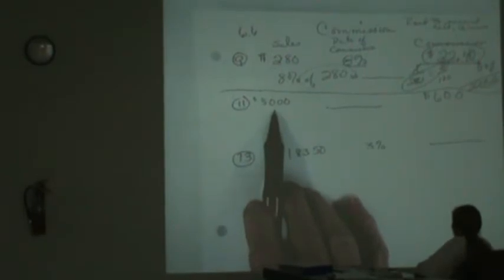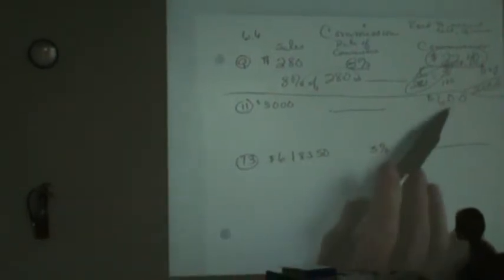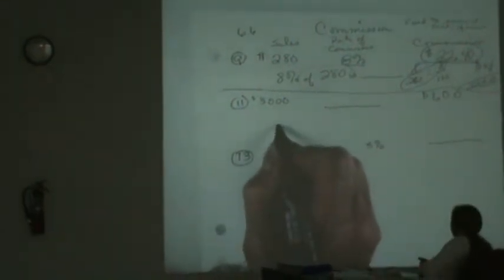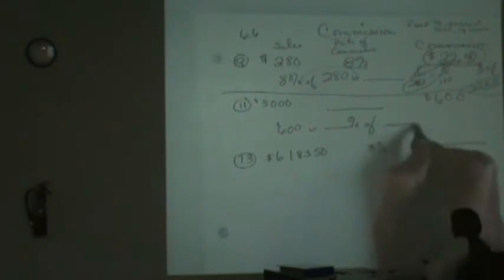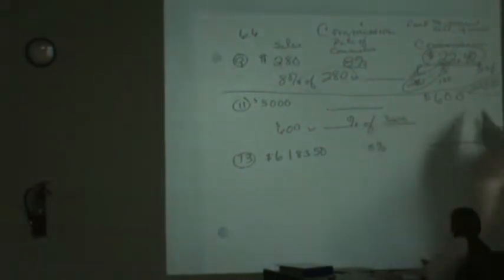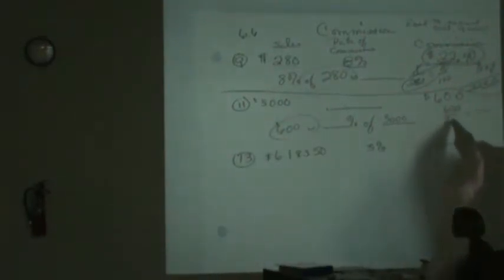Okay. If he sold you $3,000 and he ended up getting $600, that's pretty good commission, isn't it? Let's say his commission is what percent of what he sold you. So is over of, percent over 100.